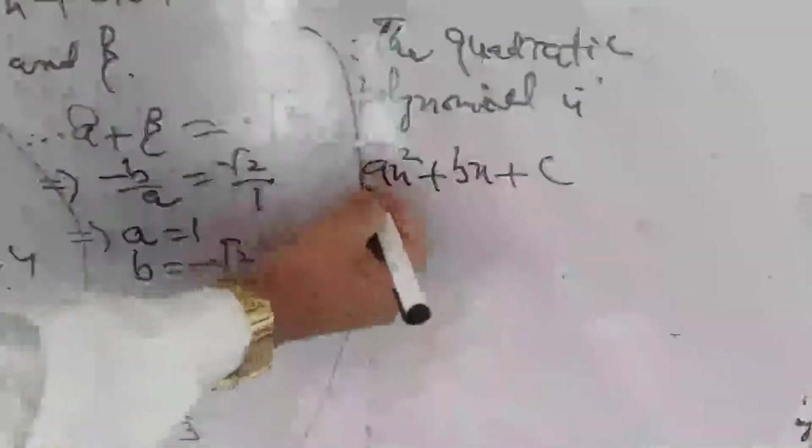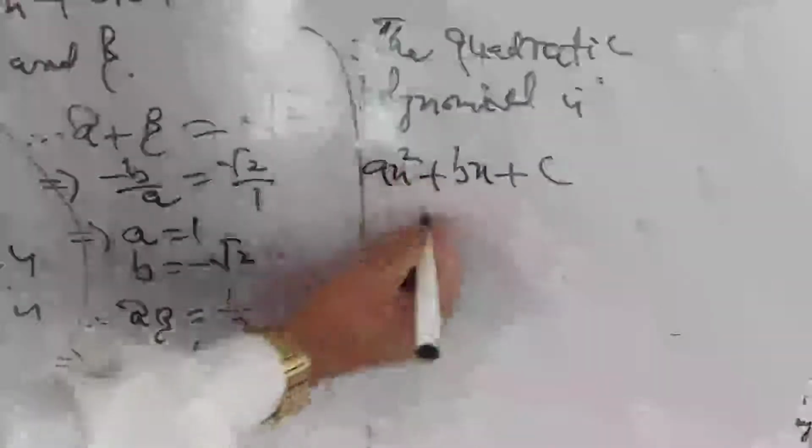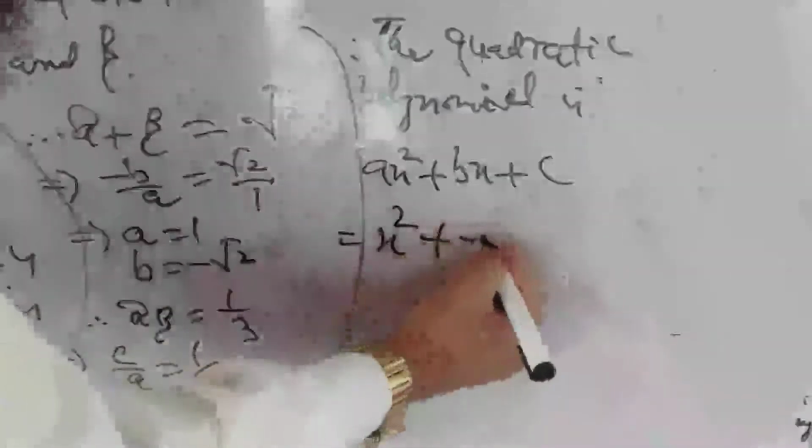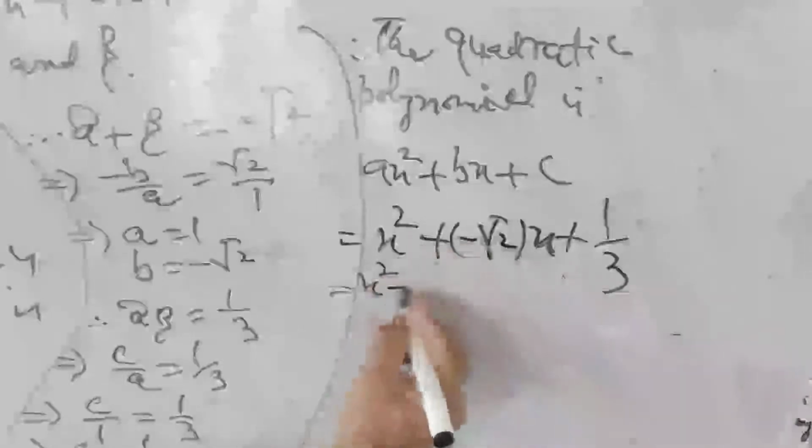So look here, a is equal to 1, that is x square plus b, that is minus square root of 2, into x plus c, that is 1 divided by 3, is equal to x square minus square root of 2x plus 1 divided by 3.